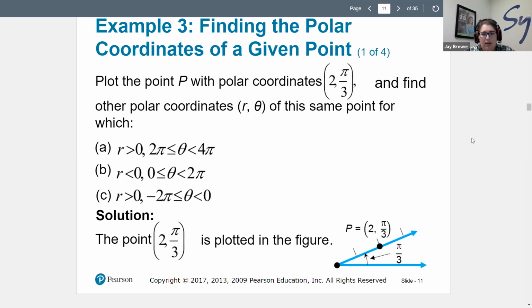So before we go through anything, you can see the given polar coordinate is drawn for you there. So before you can go through and figure out your conditions A, B, and C, you have to start with the initial figure, okay?